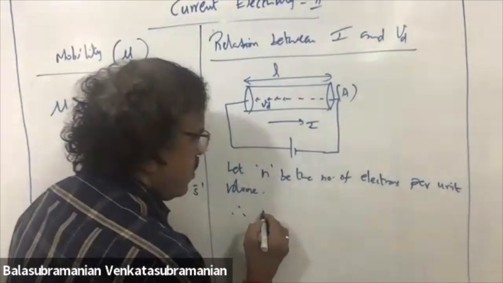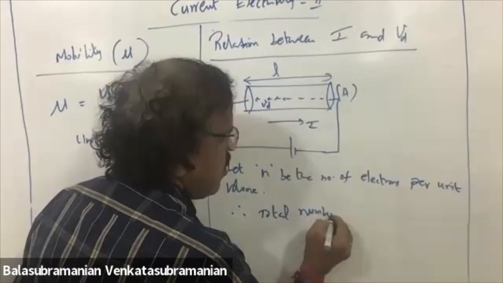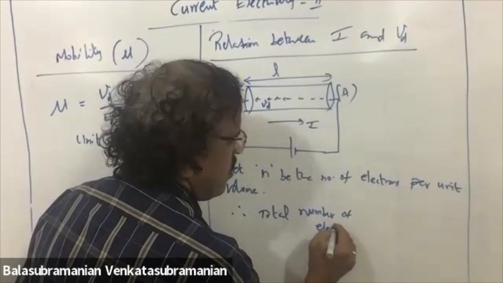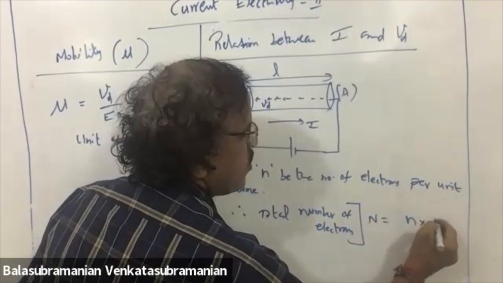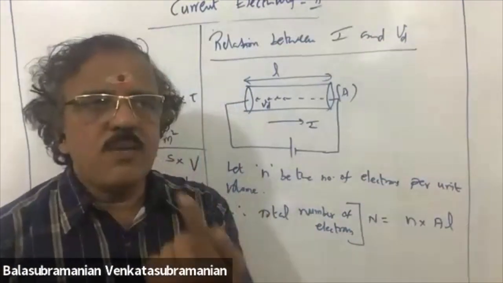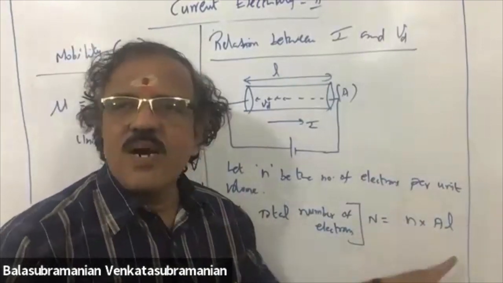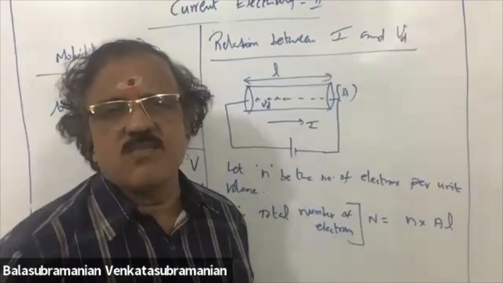Therefore, total number of electrons is n into AL. Area into length we call volume. For 1 meter cube it is small n. What is our volume? A into L. So total number of electrons is nAL. Simple.